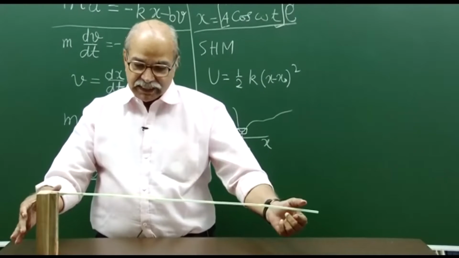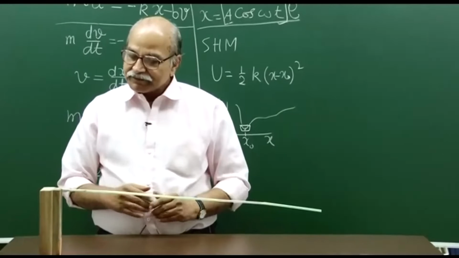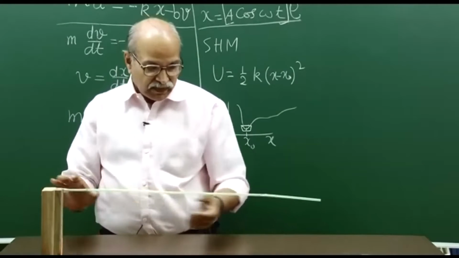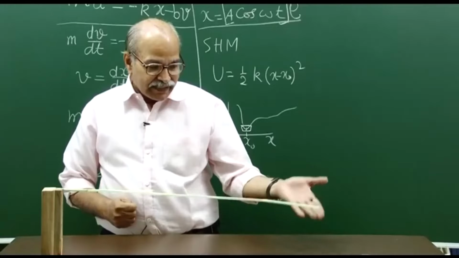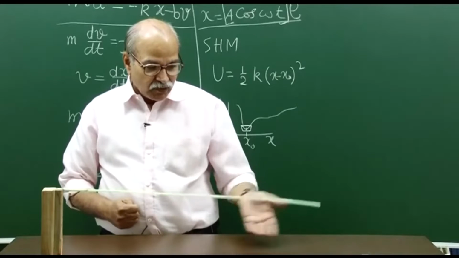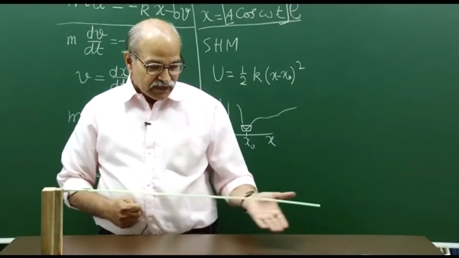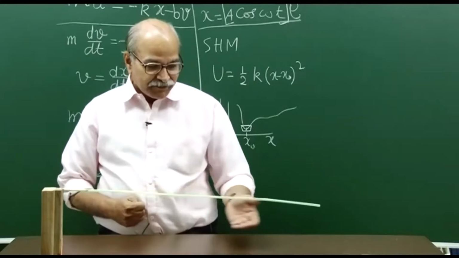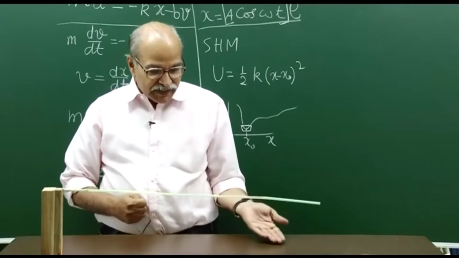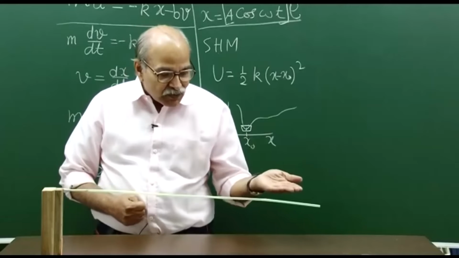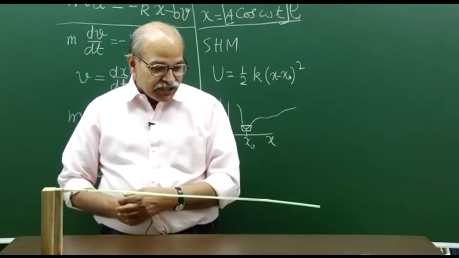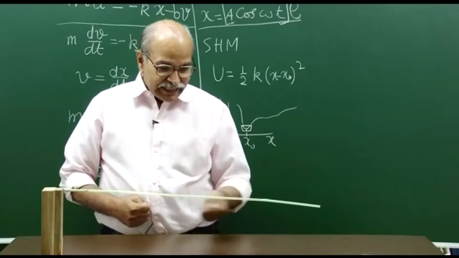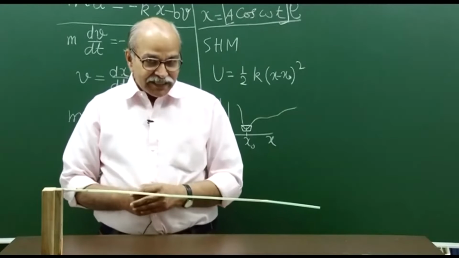This is the stable equilibrium position, and then I can oscillate this. It can go on oscillating, and there is some natural frequency of oscillation. There is some restoring force which is bringing it back towards the equilibrium position. Then there is damping, so that the amplitude decreases and finally it comes to rest.